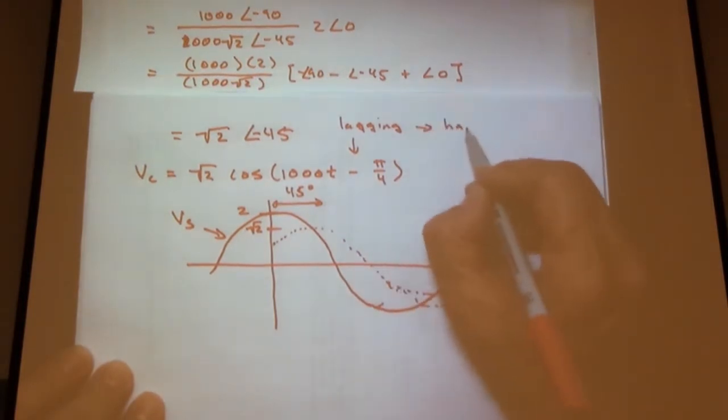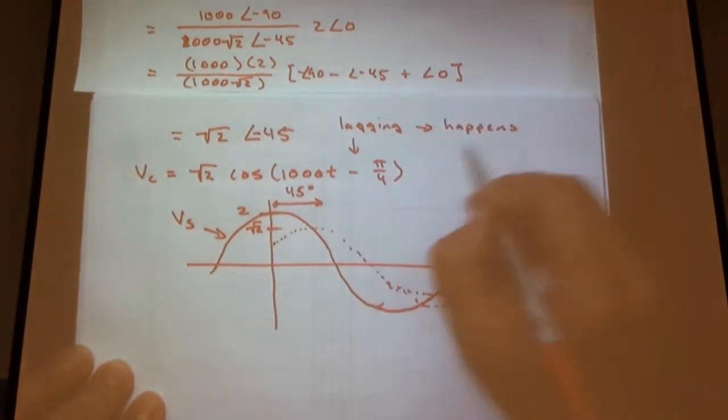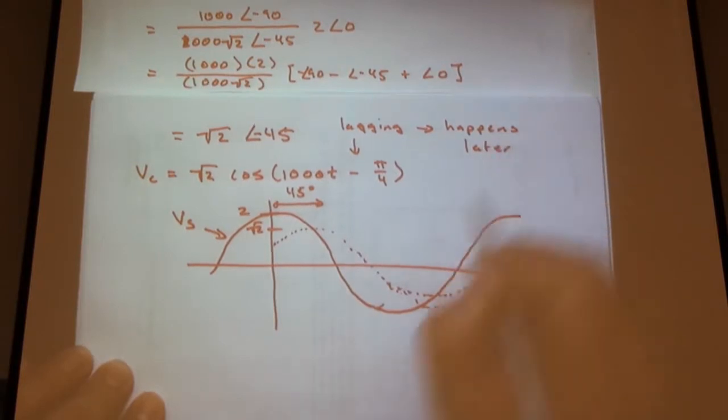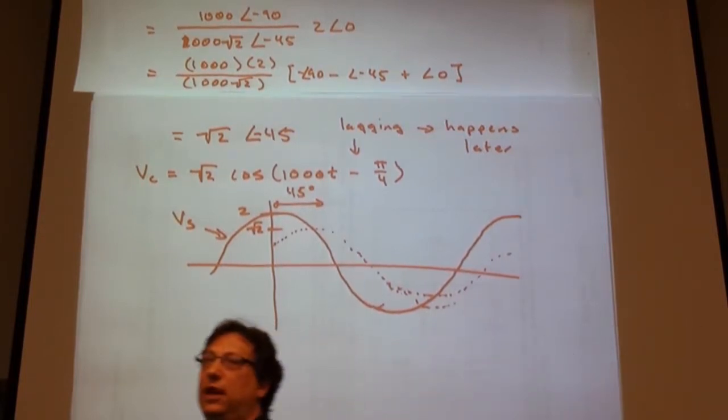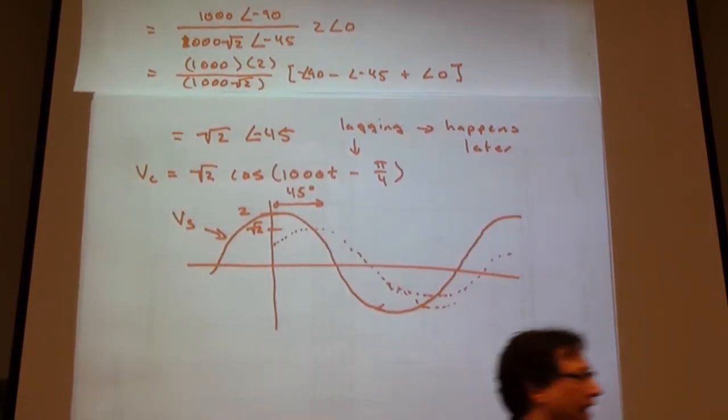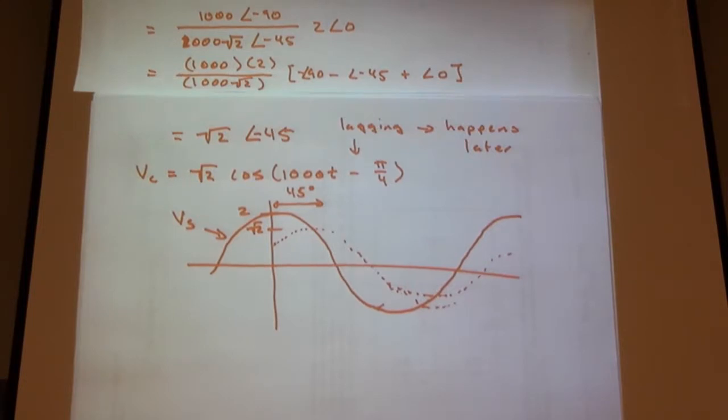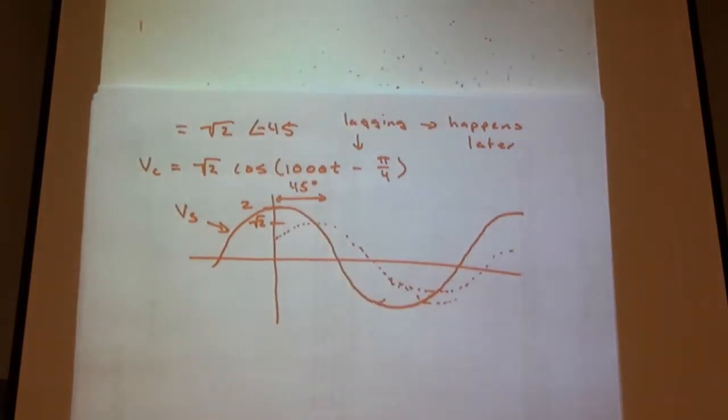Essentially, it means it happens later. So the capacitor voltage lags the source voltage. The peak happens after, in this case, 45 degrees after, pi over 4. And I think I missed in my relative ratios, but hopefully you get the idea. And we saw something like that yesterday.